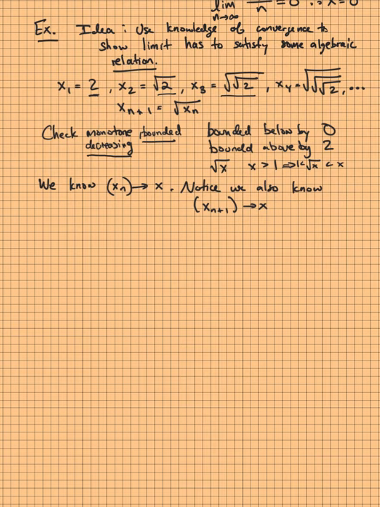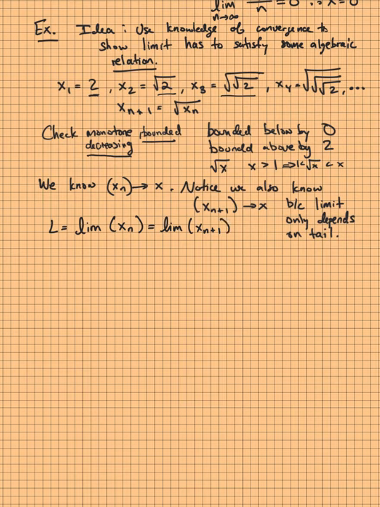They have to have the same limit because the limit only depends on the tail of the sequence. Okay, so it doesn't matter what the first couple of terms are. As long as you have the same end behavior, you have the same limit. Okay? So therefore the limit, which I'll call L, of the x_n's is equal to the limit of the x_{n+1}'s.